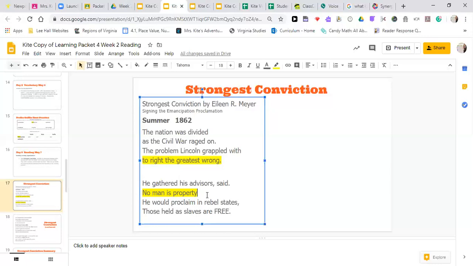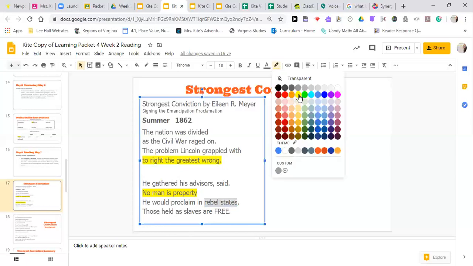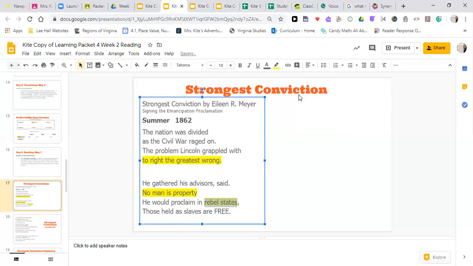Of course, this work he did led to the Civil War. It led to the Civil War because we can look at the stanza. He would proclaim in rebel states, those held as slaves are free. First of all, rebel states are the southern states that seceded or broke away from the Union, being the northern states.